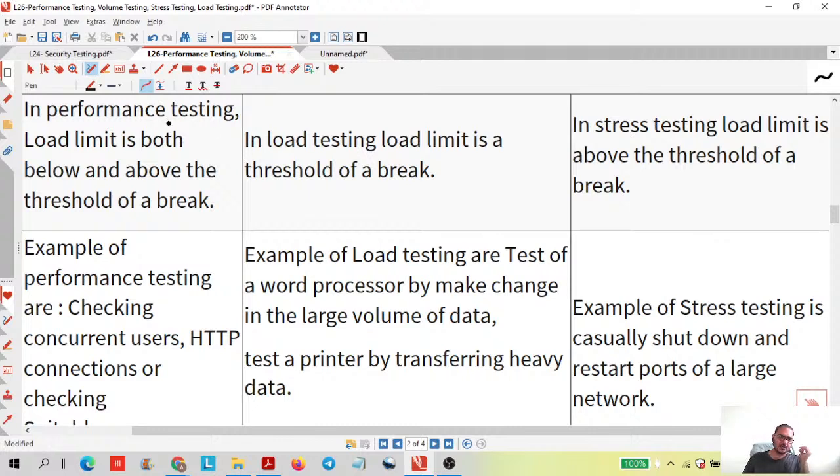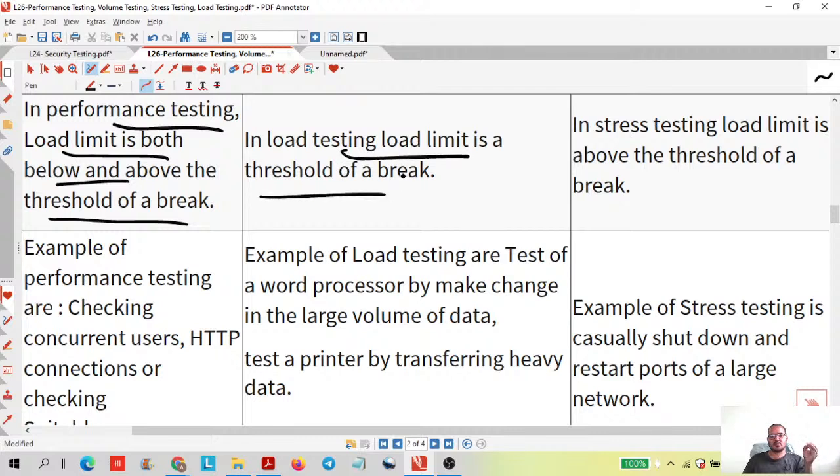In performance testing, the load limits are both below or above the threshold of a break. There will be some standard limit, and in load testing the limit is a threshold for a break. To break any application, there will be a threshold condition.